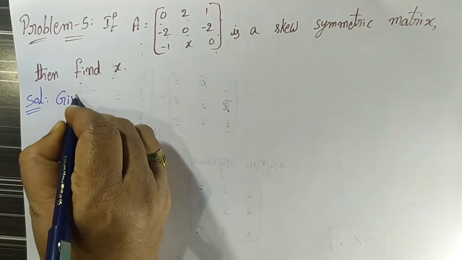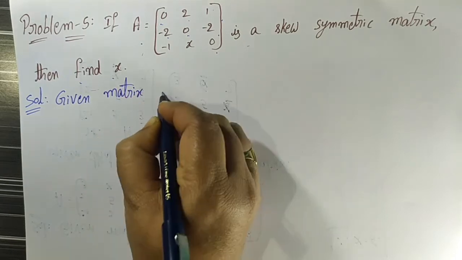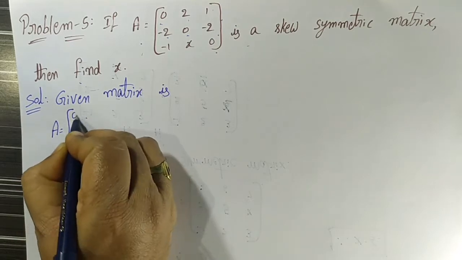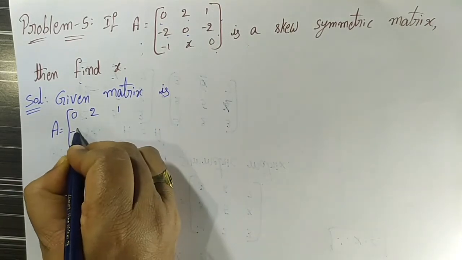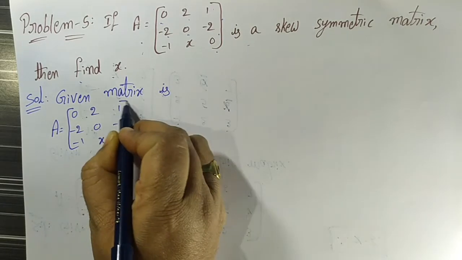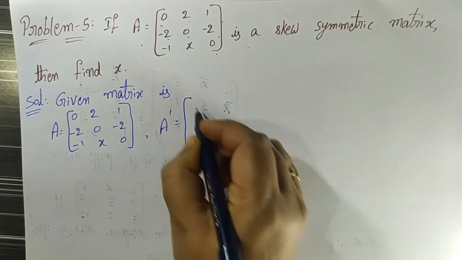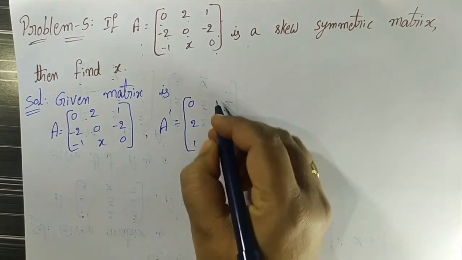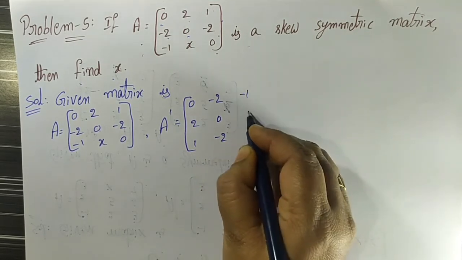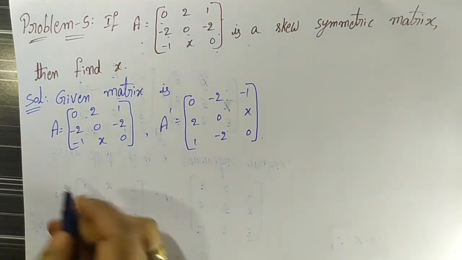First, write down the given matrix A equals [0, 2, 1; -2, 0, -2; -1, x, 0]. From this, A transpose, A dash, equals [0, -2, -1; 2, 0, x; 1, -2, 0]. This is the A dash value.